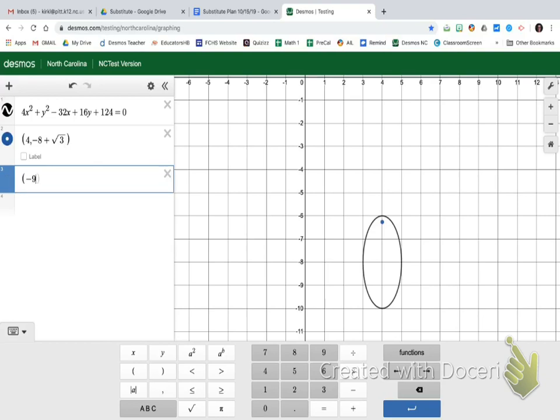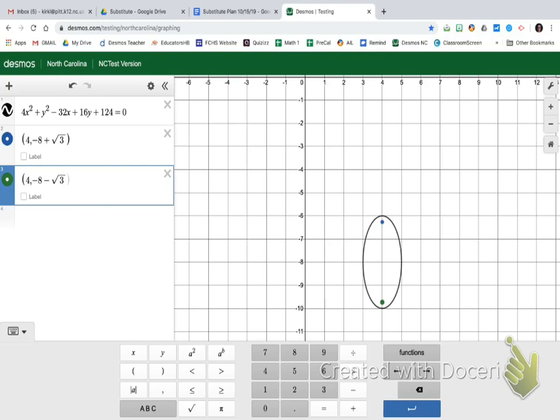And then we have 4, negative 8 minus the square root of 3. And there's the one at that lower level. And that gives me my 2 foci. So just really paying attention to which one is your major and which one is your minor is going to make the biggest difference when it comes to being able to find the length to the foci and the actual foci point.